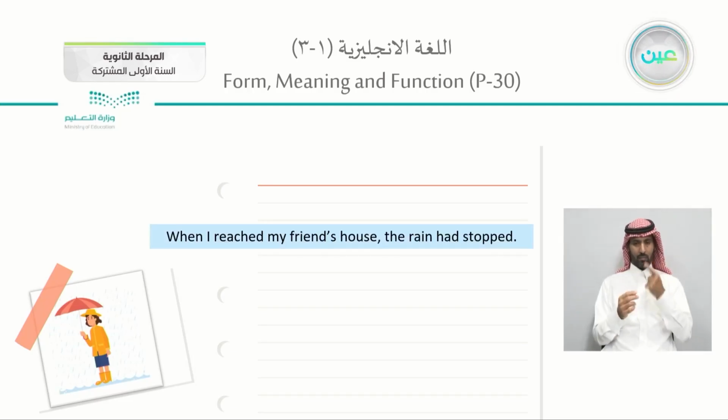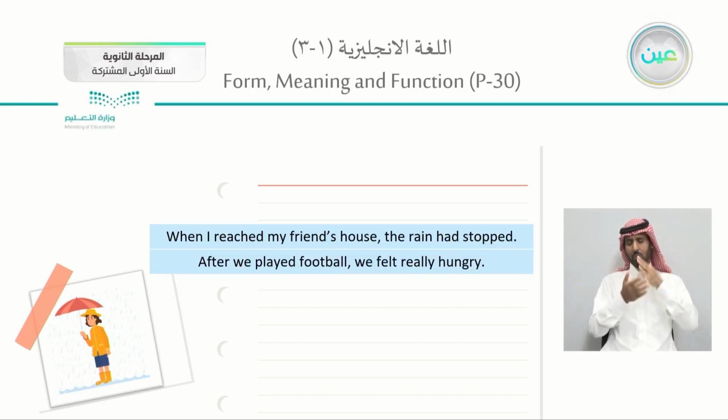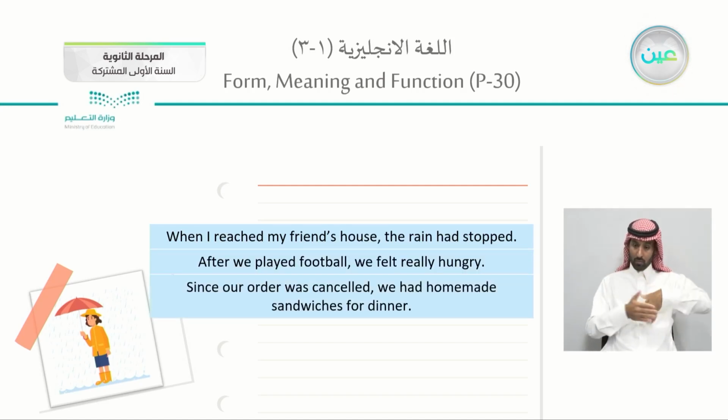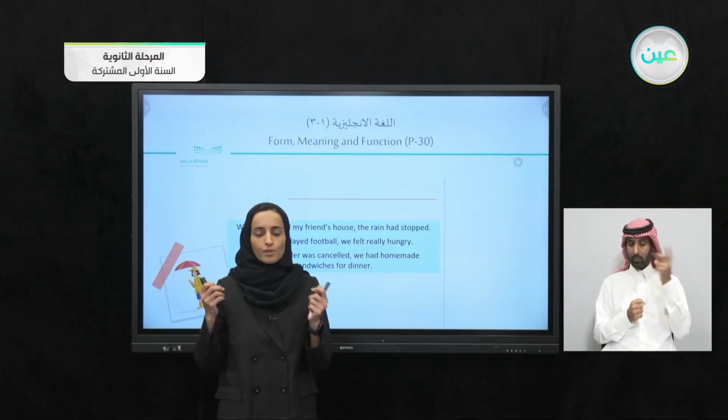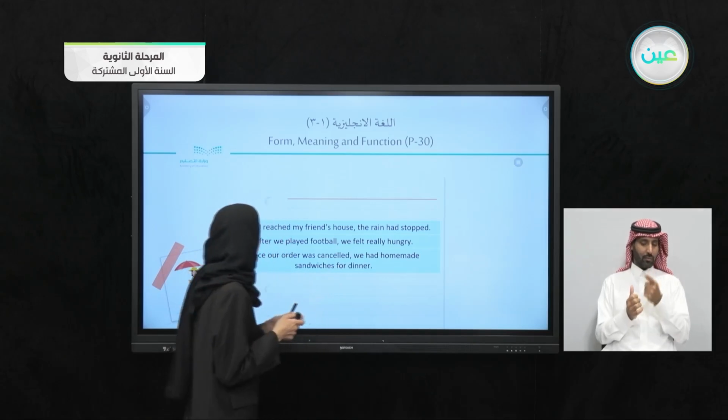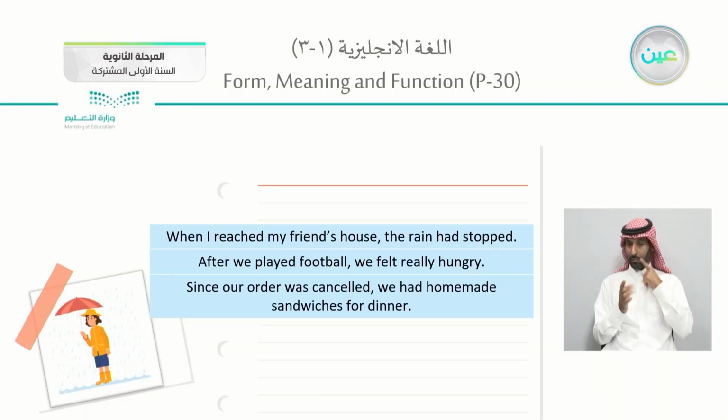And here, go back to the story. When I reached my friend's house, the rain had stopped. After we played football, we felt really hungry. Since our order was cancelled, we had homemade sandwiches for dinner. Here we have two sentences, or let's say two thoughts. The first one, when I reached my friend's house, the rain had stopped, is dependent because we need more information to clarify.